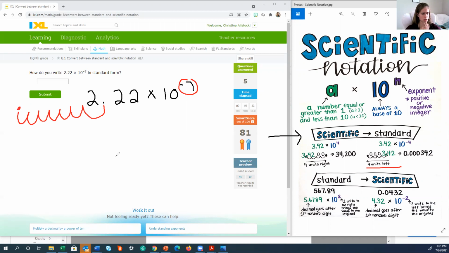Whew. I moved it way past my number. So what do I need to fill in? Yeah, those all need to be zeros. Yikes. Can you see now why we like scientific notation better?